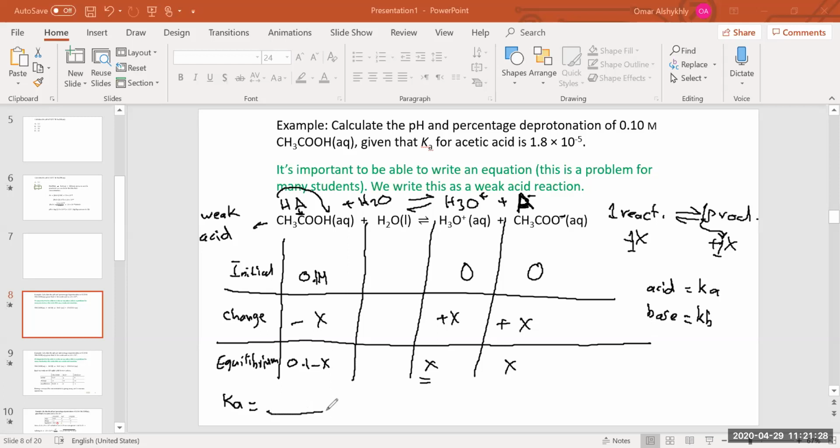So here, we take the products, x squared divided by 0.1 minus x, and that gives 1.8 times 10 to the negative 5 equals x squared divided by 0.1 minus x.